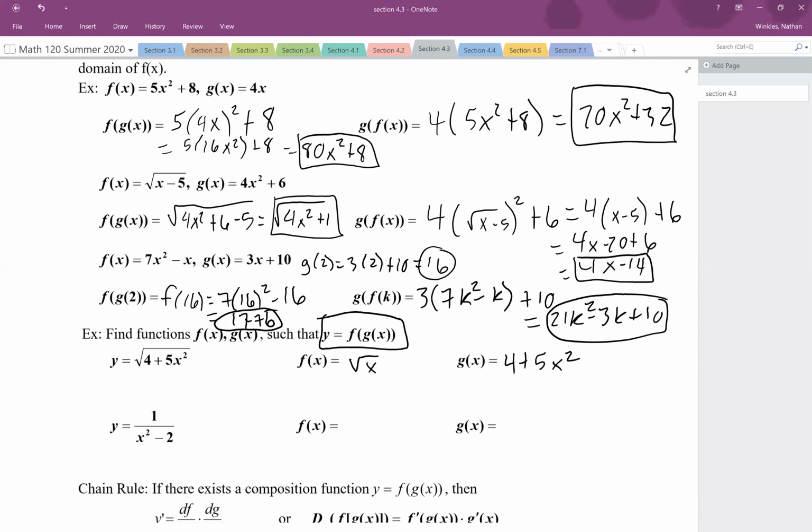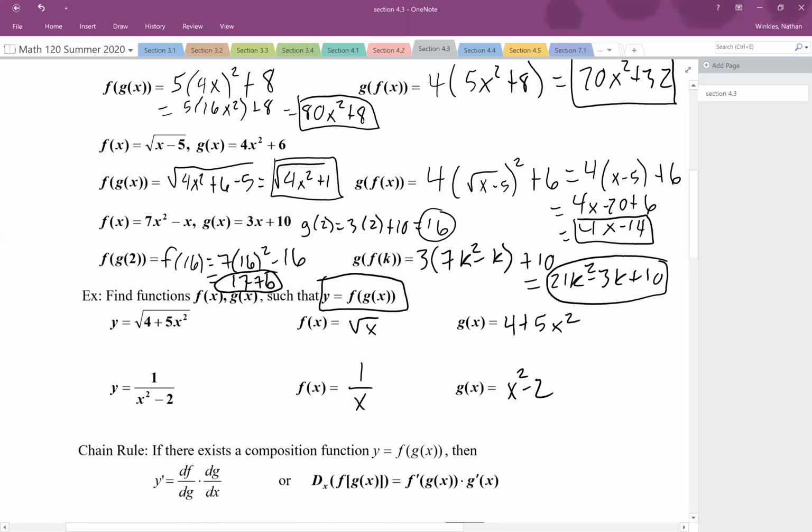Same thing on the next one. We could have our entire function could be a fraction of 1 over x, and g of x could be x squared minus 2. There's multiple ways we could do these to define f and g. These are just some of the most common style that we're going to see.